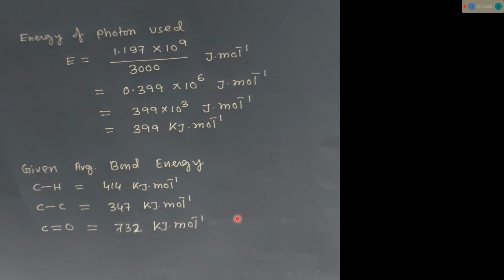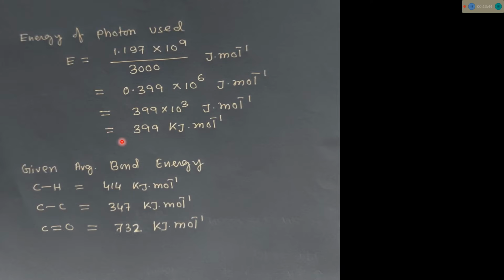Now we are using a light whose energy is less than the C-H bond and C double bond O energies.